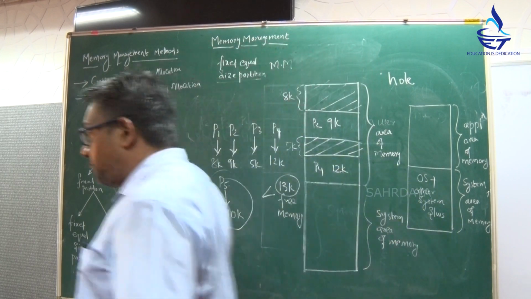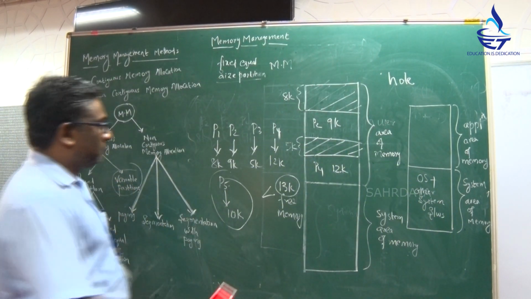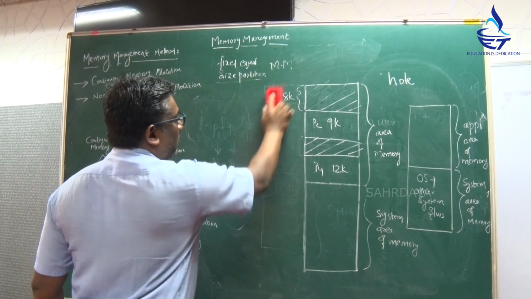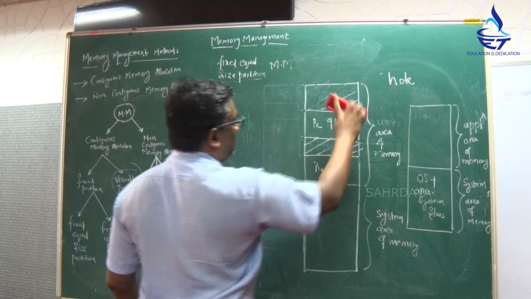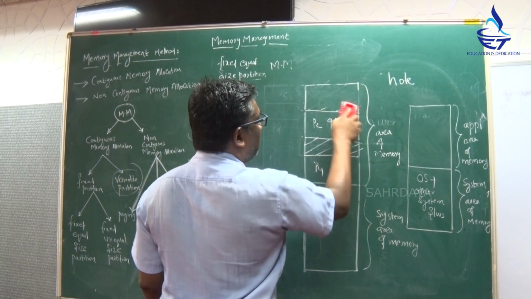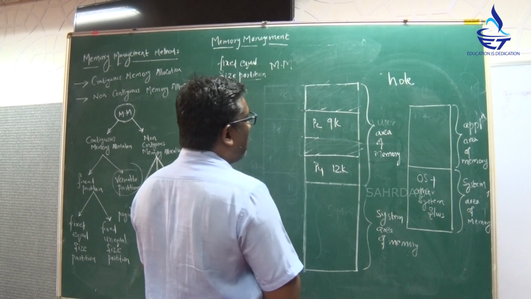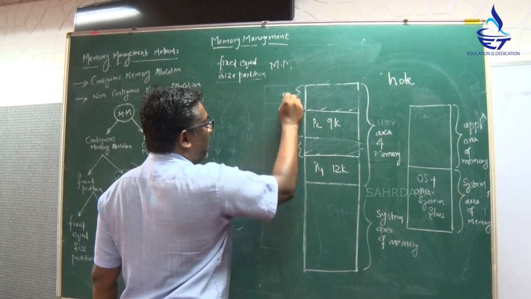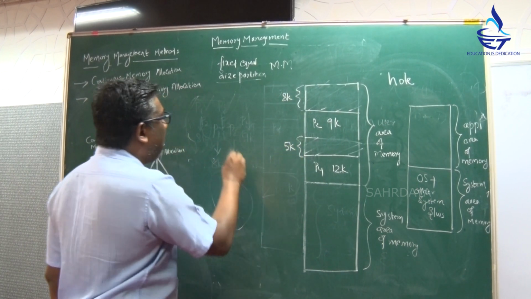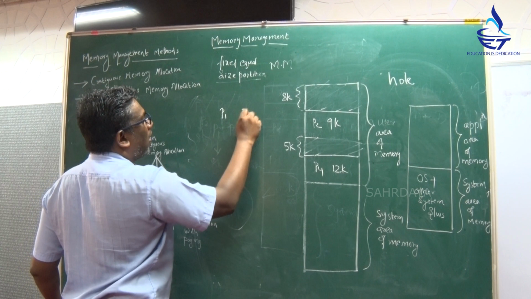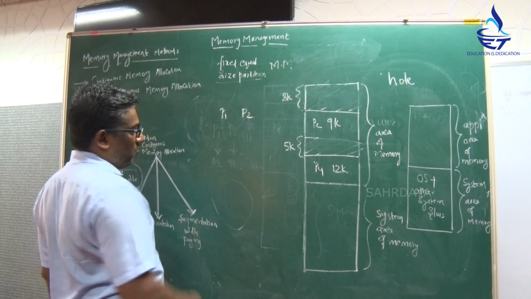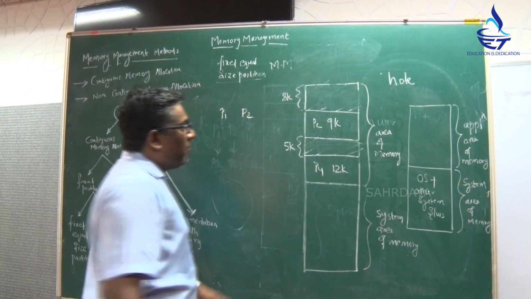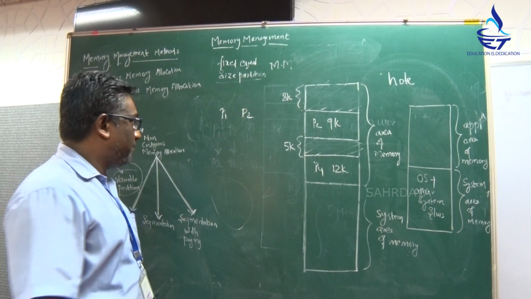Suppose now we have two memory segments free, one is 8K and one is 5K. Now P1 comes, then P2 comes. How to place P1 and P2 into these memory blocks?